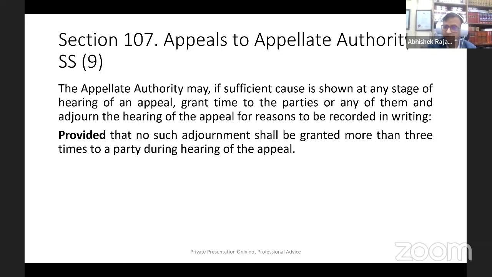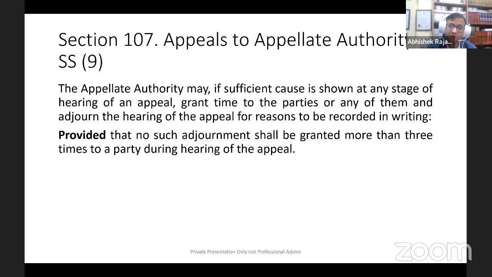They charge you 100 rupees or 250 rupees for the receipt. So you have to get that receipt and submit your appeal with the commissioner appeal, or let's say additional commissioner appeal, with that receipt also.